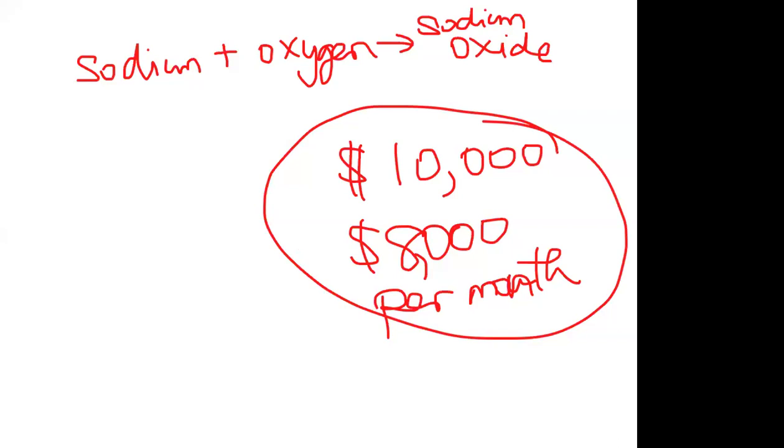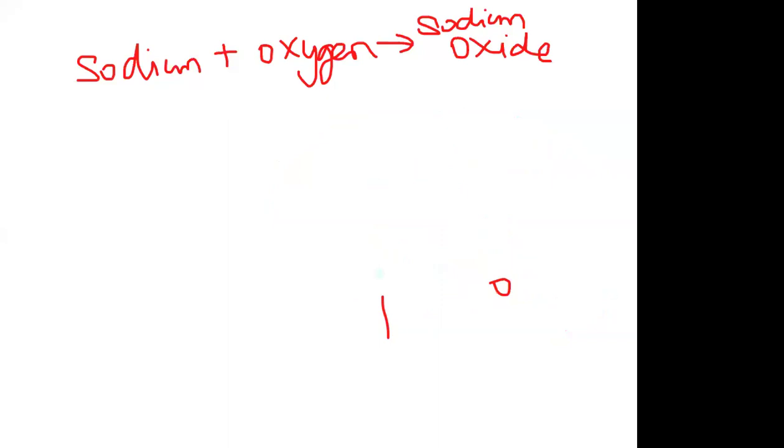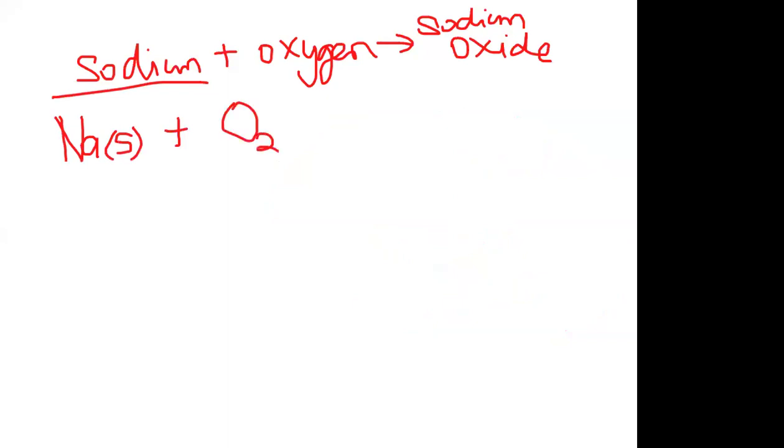All right, ready? Miss, is this still going to be a solid? Sodium and oxygen, so sodium oxide. Let's do the state symbol. Here I have sodium. What's the symbol for sodium? Na. What's the state symbol? Solid. Oxygen is gas, O2 gas.